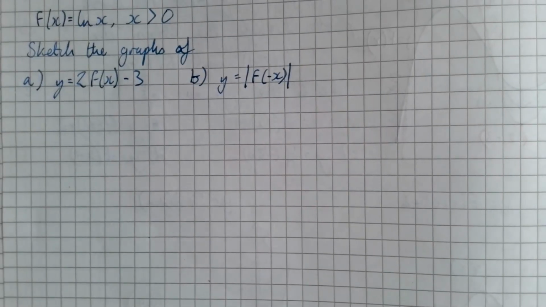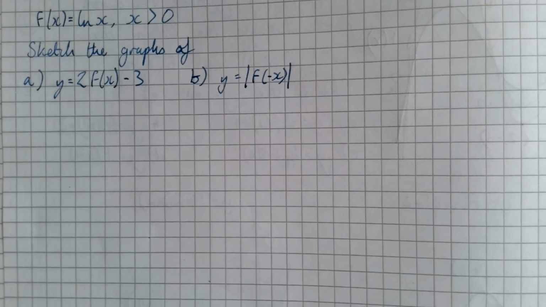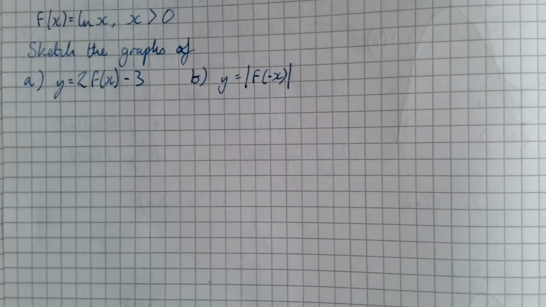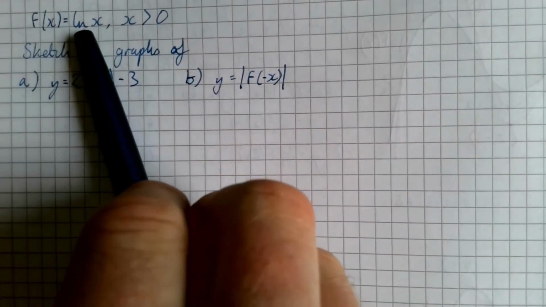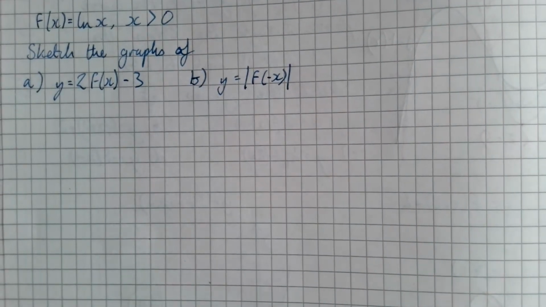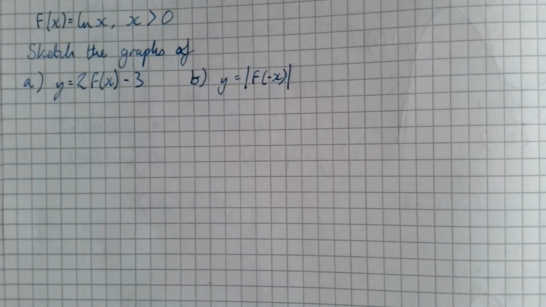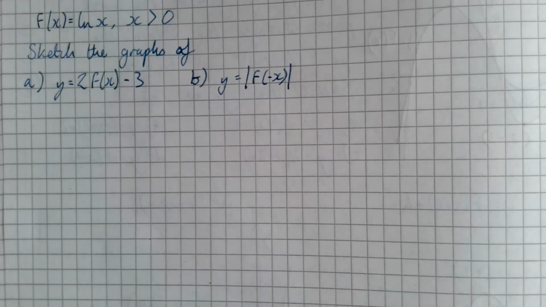Okay, we're upping the game here. If you want to drop this one down and have a think about it, see what you think you might do. They haven't sketched the graph at all for you this time. They've just told you that f of x is equal to ln x. So we need to start by sketching that graph. Now, you might be confused about what that is, so what could you do?